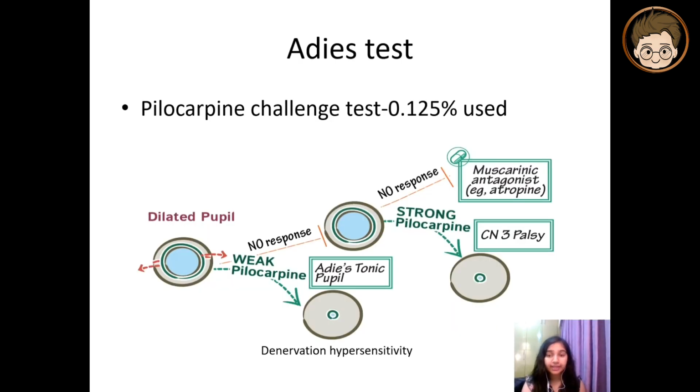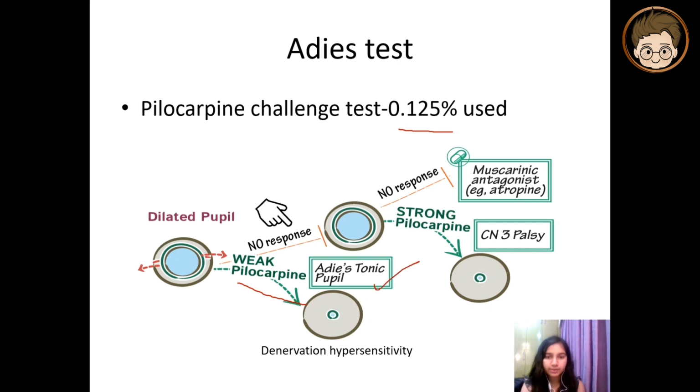Like Adie's pupil, there is a test called Adie's test where we will be using pilocarpine 0.125%, and this is a diluted pilocarpine. On seeing a dilated pupil, when we use a weak pilocarpine and if it is causing constriction of the pupil, this is because of denervation hypersensitivity seen in the case of Adie's tonic pupil.